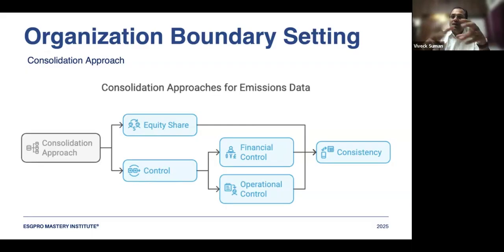It can be financial control or operational control. You can select both, but when you are selecting a method, select only one. For a consistent and accurate GHG inventory, one of these methods must be applied uniformly across all your operations, the entire organization. That's why this becomes a critical discussion.